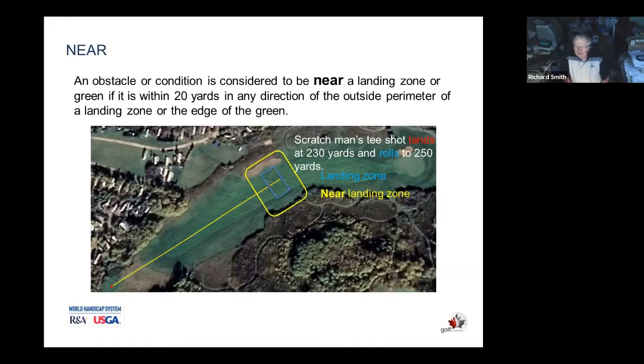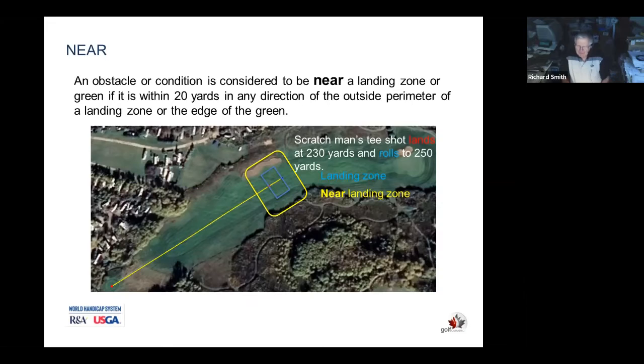And obstacles near the landing zone would be within the yellow area, 20 yards from any point around the perimeter of the landing zone.